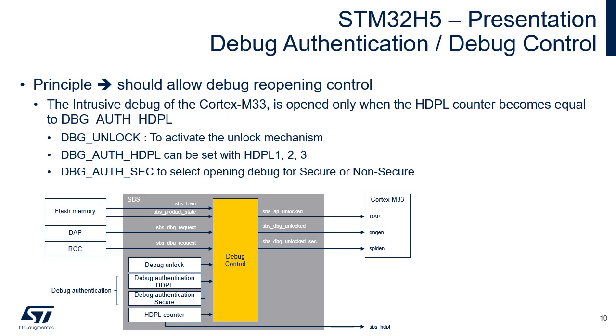DBG auth sec in SBS DBG-CR specifies if the debug reopening is for non-secure only or for both secure and non-secure. DBG-C lock in SBS DBG-Lock-R locks the current debug configuration, released only by a reset.